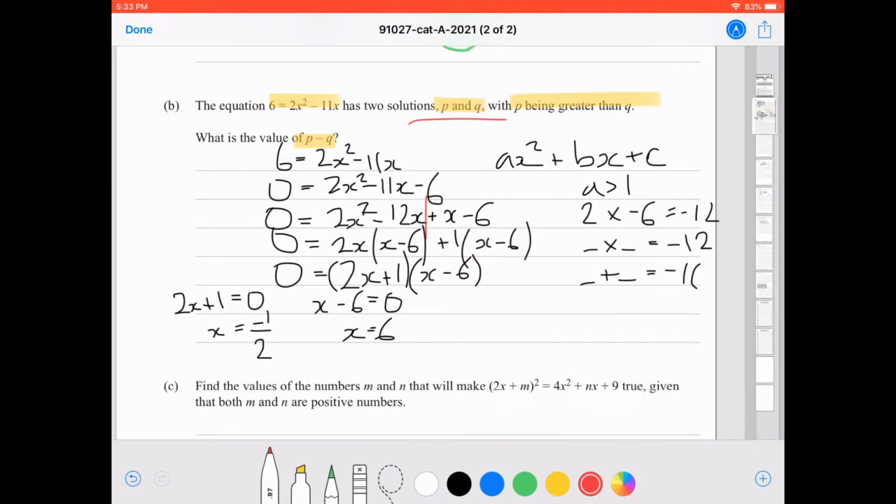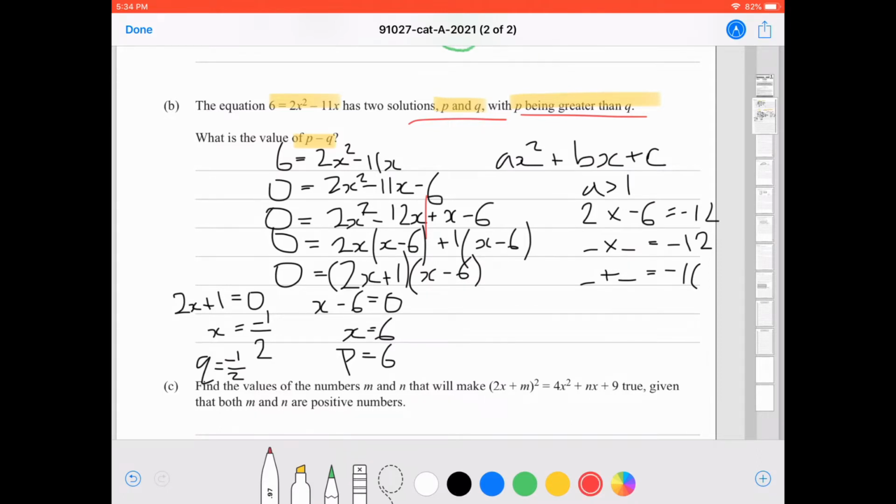Now, which is p and which is q? Well, we know p is greater than q, so that means p is the larger number, so p equals 6, and q is our negative half. You could also say negative 0.5.